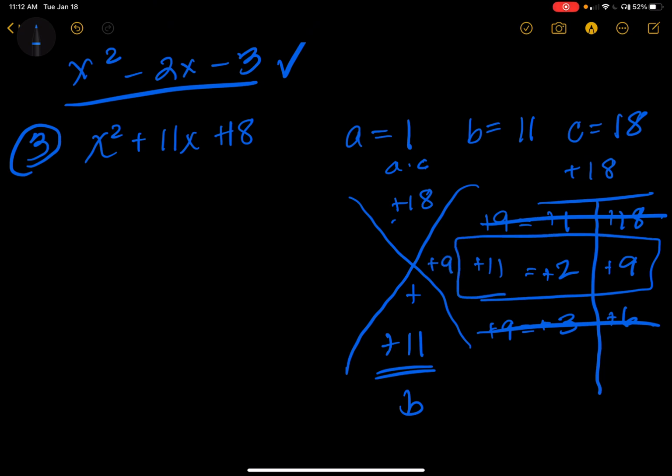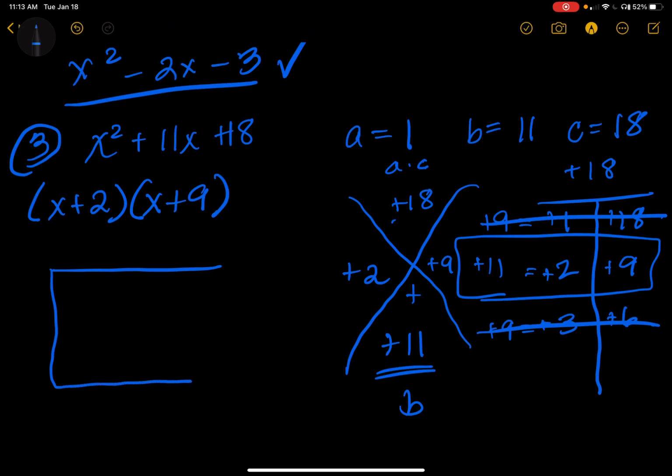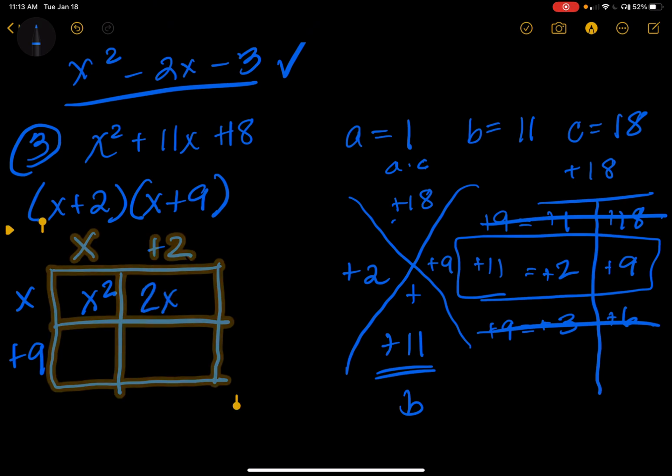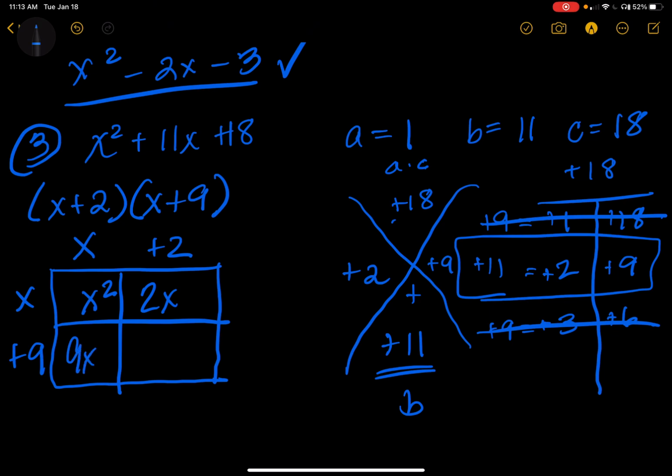Positive 9, positive 2. We could write it in factored form. X plus 2 times x plus 9. Check your work. Go to your area model. X plus 2, x plus 9. We have x squared, x times x. 2 times x is 2x. 9 times x is 9x.